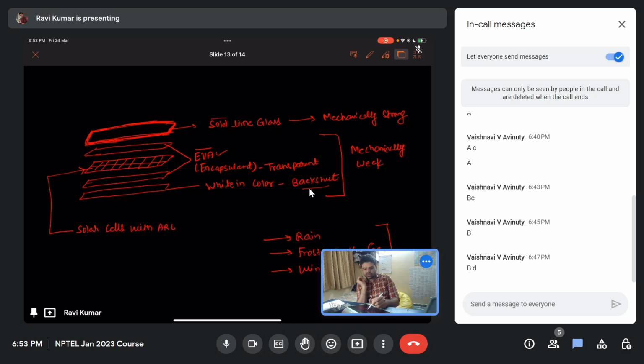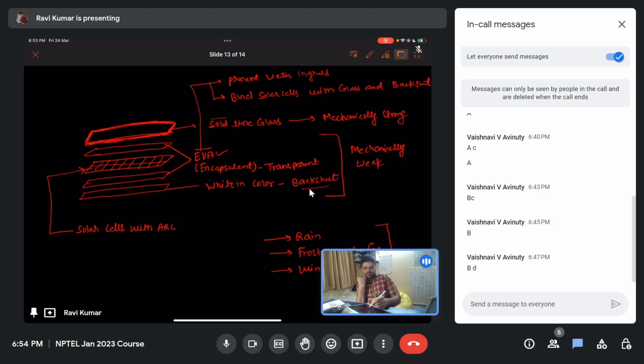That's why we are using EVA. What EVA will do is prevent water ingress, plus it binds solar cells with glass and backseat. So that is the role of this EVA.